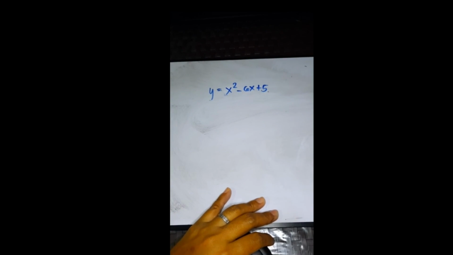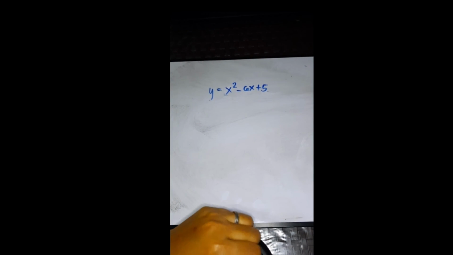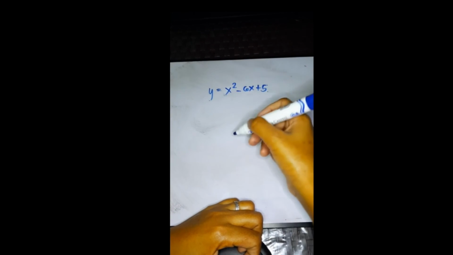We can make use of the formula for h and k. The formula for h is negative b over 2a. And k is what? Yes, we have 4ac minus b squared over 4a. Or simply, we can make use of completing square method. So let us just use completing squares to transform this into vertex form.